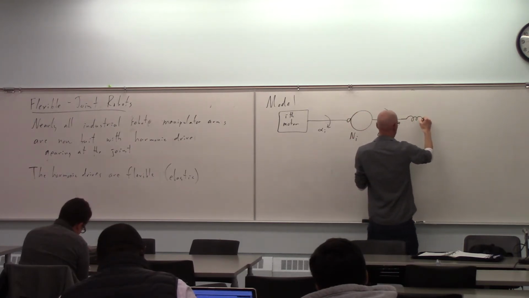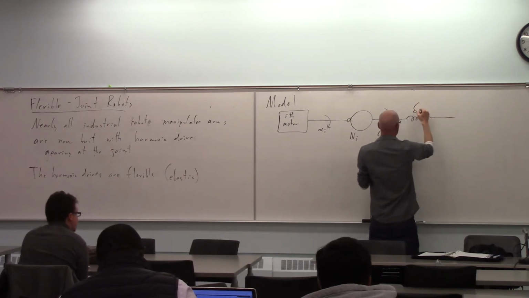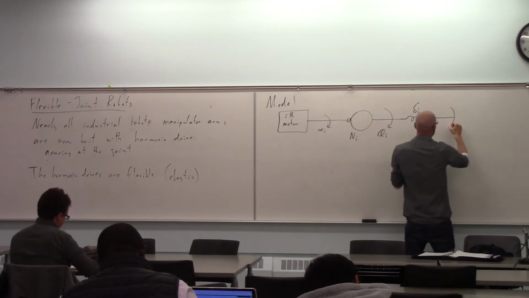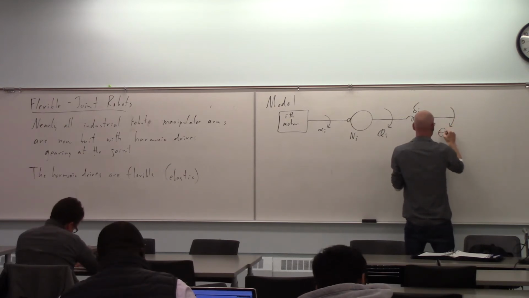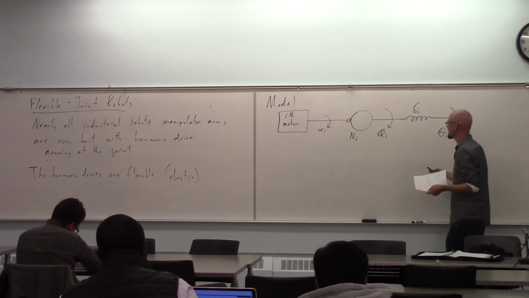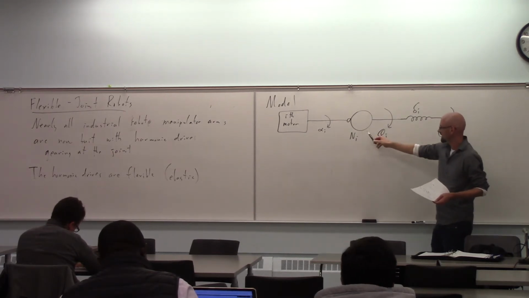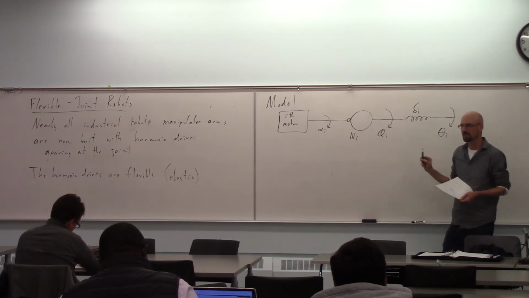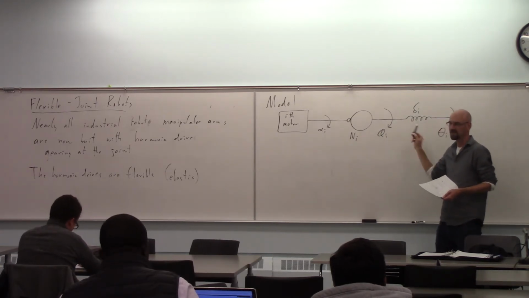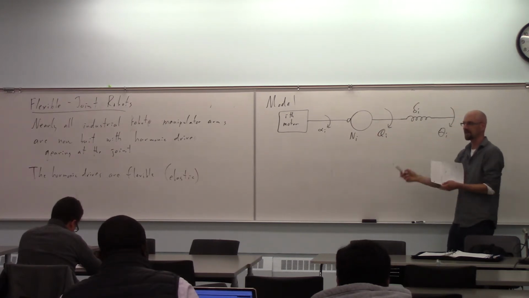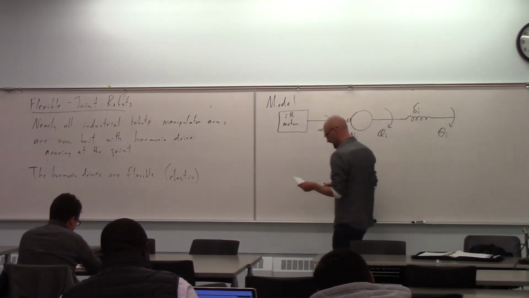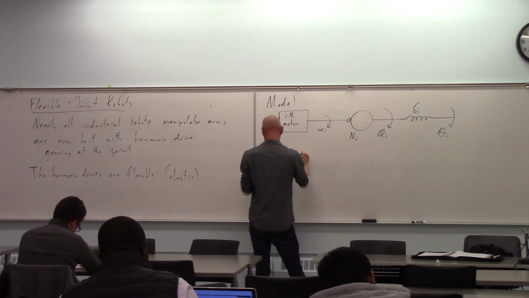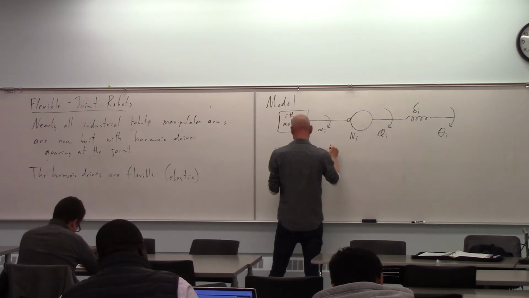We have an elastic element modeled with a spring with deflection delta i, and we'll have output angle theta i. So this is a model, because in the harmonic drive, the gear ratio and the spring are all one mechanism, but here we're pretending that first there's a gear ratio and then there's an elastic element. It's not exactly like reality.